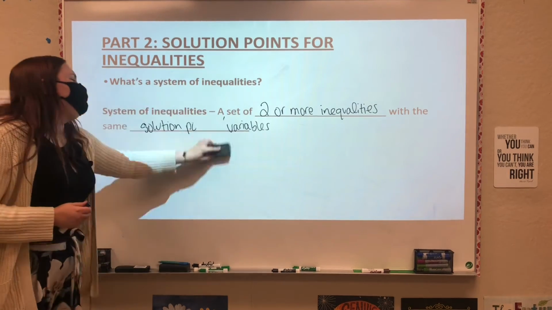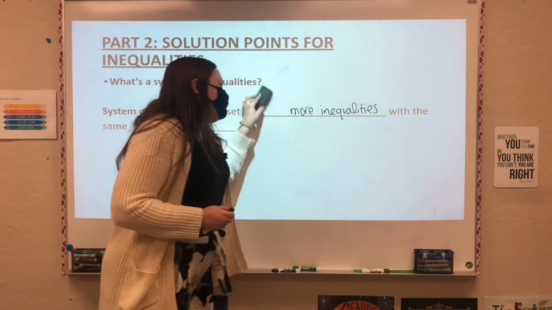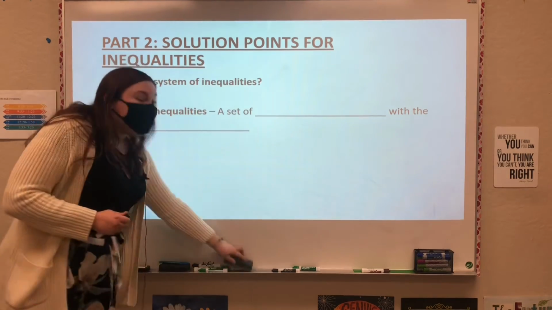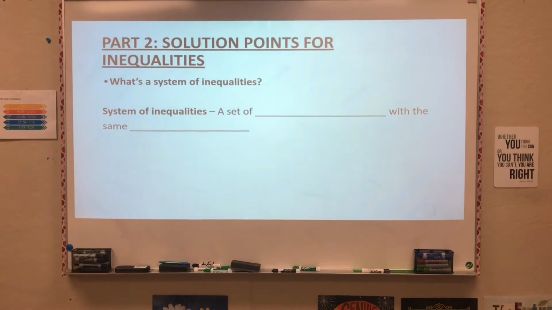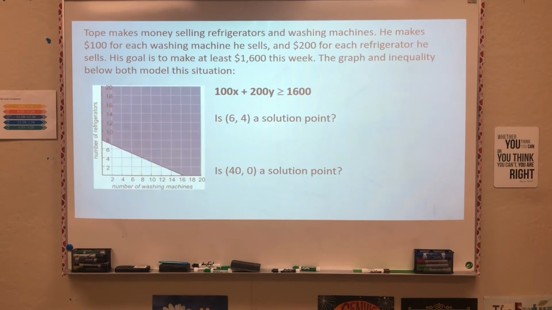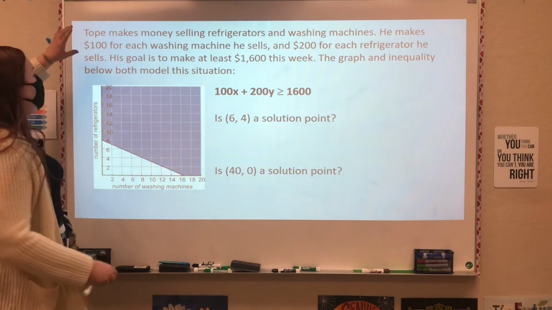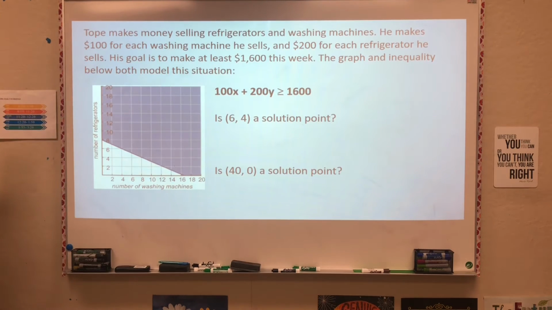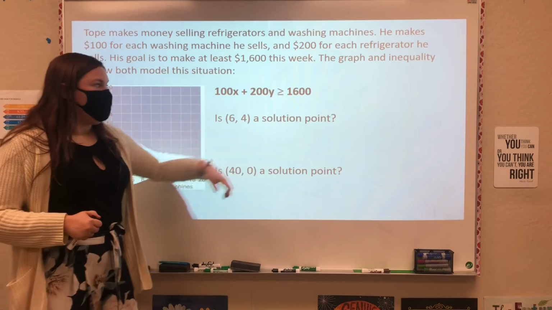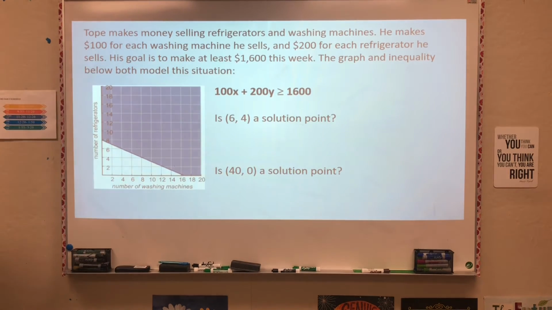So to be a solution point for an inequality or a system of inequalities, the idea is very similar. Again, I'm going to start off with something you saw back in Algebra 1A and then relate it to what we're talking about with solution points. So I've got Tope makes money selling refrigerators and washing machines.